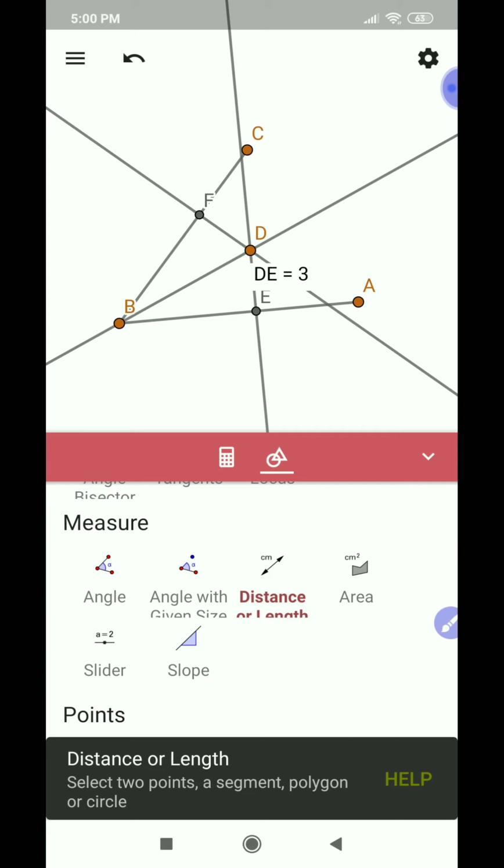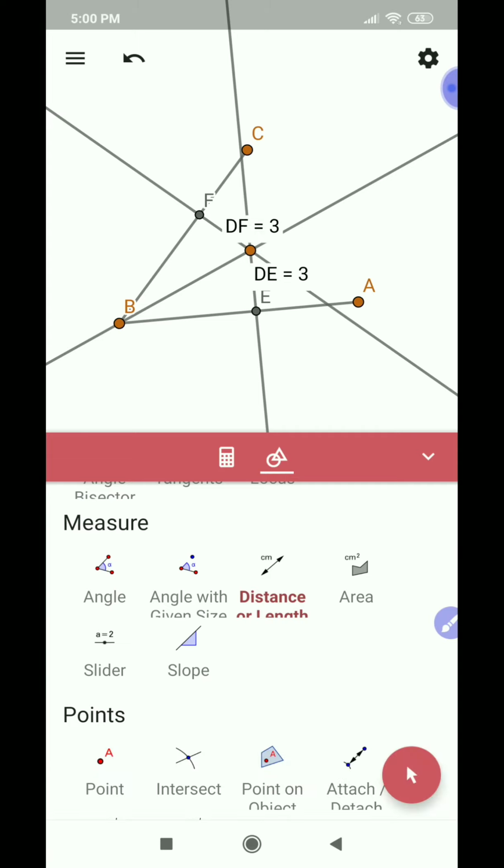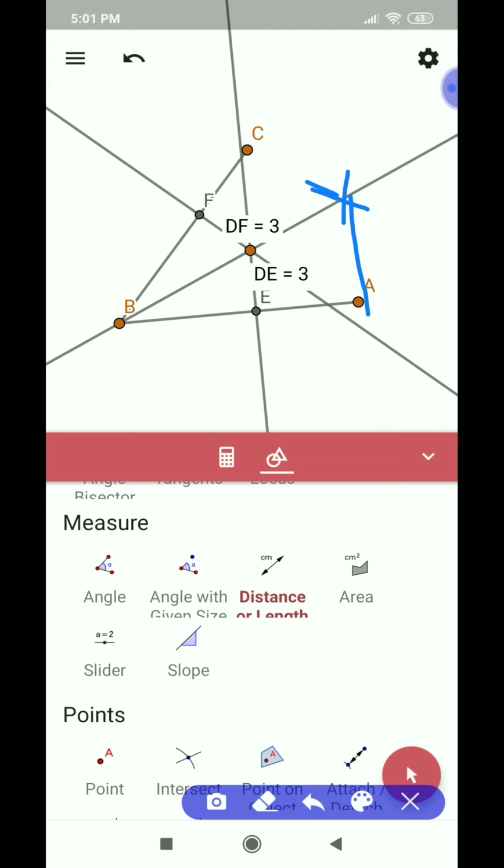What is it? 3 centimeters. What is DF? It is also 3 centimeters. What is your observation? If you take any point on the angle bisector, then the point is equidistant from its sides.